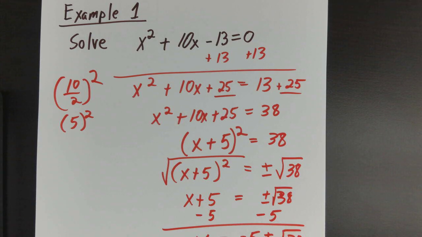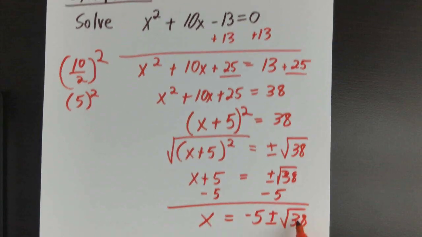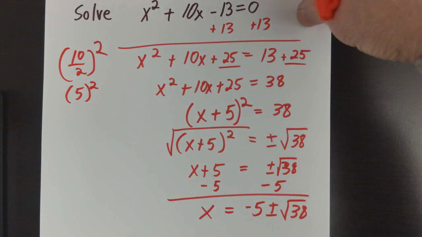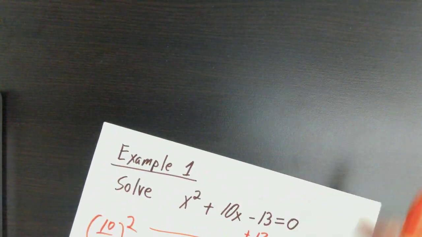One solution is negative 5 plus the square root of 38, and the other solution is negative 5 minus the square root of 38. So there is example 1.